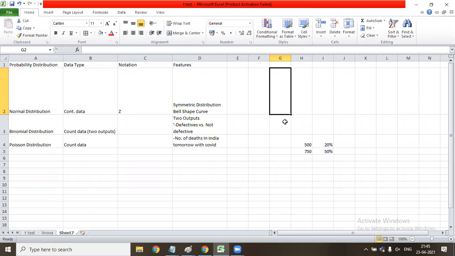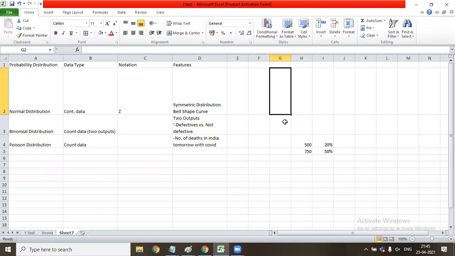Now I want to know the probability of the person who is coming just after this having a height of between 5.7 and 5.9. I'll use the normal distribution because it's a continuous distribution and height is a continuous variable. So we use the normal distribution to calculate the probability of it. Are you with me? Yes, sir.